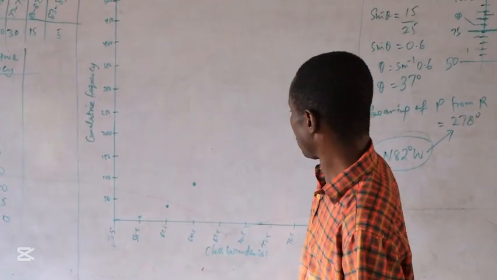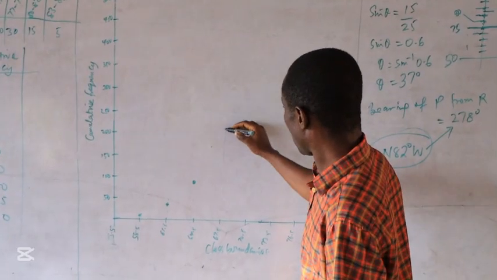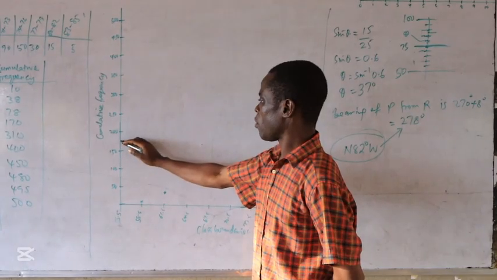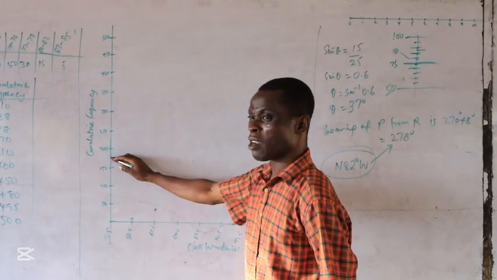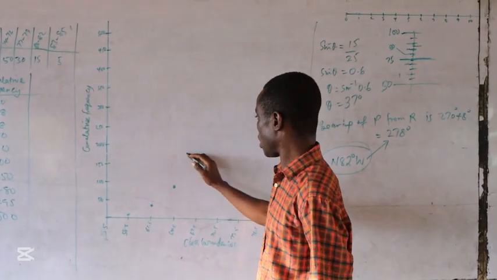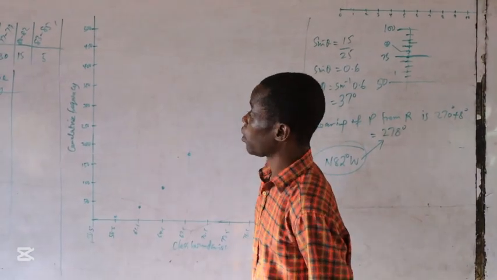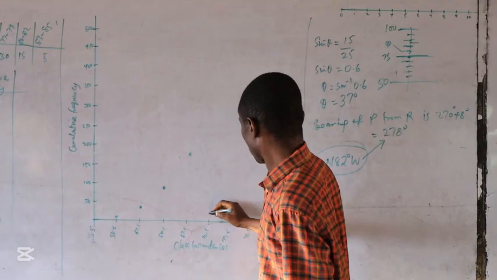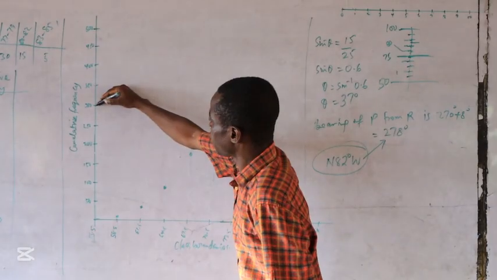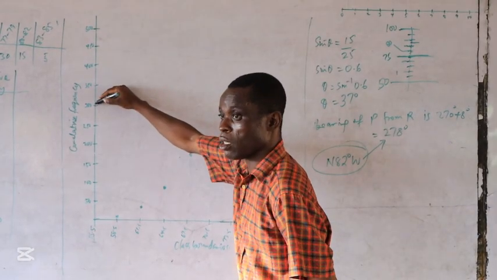Then which one again? 170. This is 150. Half of it is 175, I think. We want to get to that 175. This is 170, somewhere here. Then 310. After 300, the first line is 305.